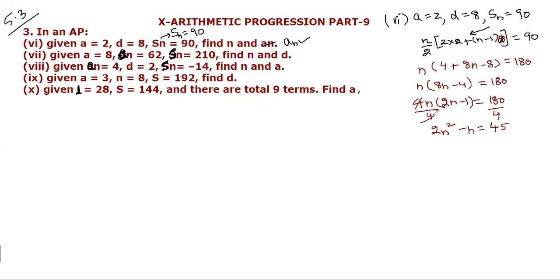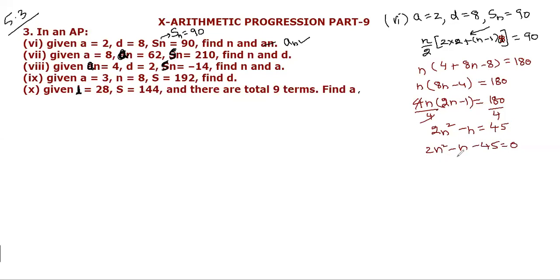We can write 2n square minus n minus 45 is equal to 0.